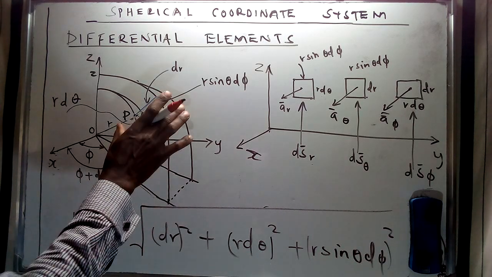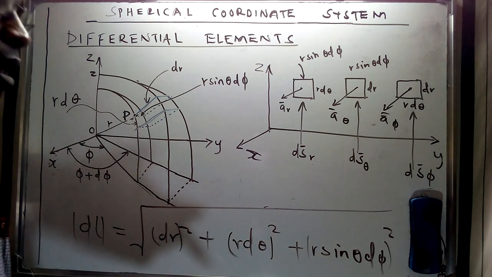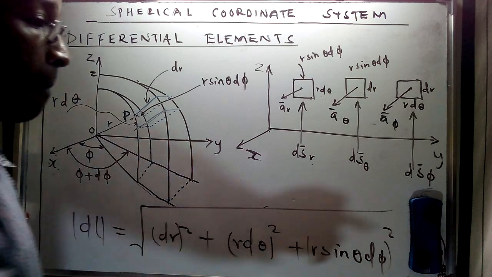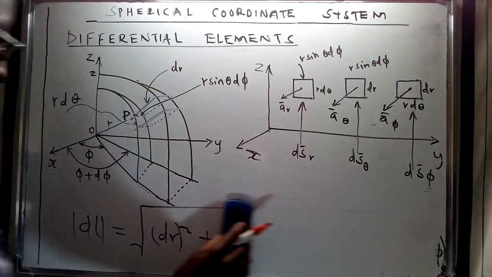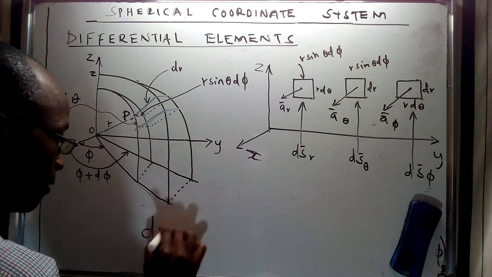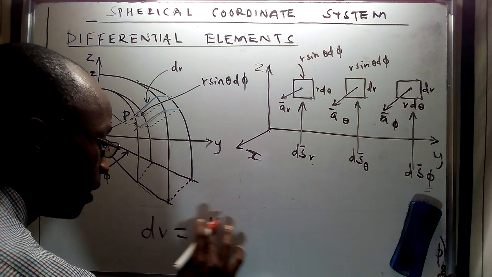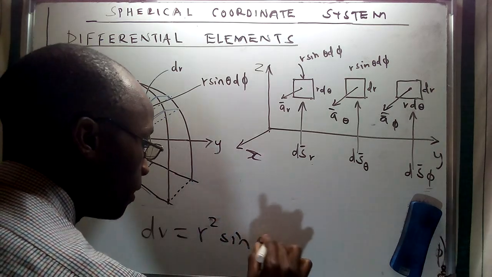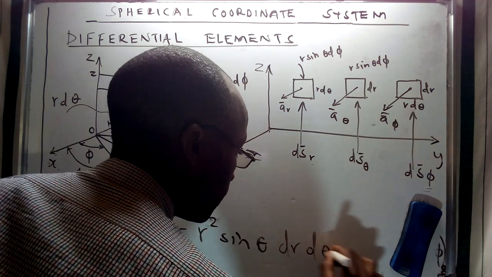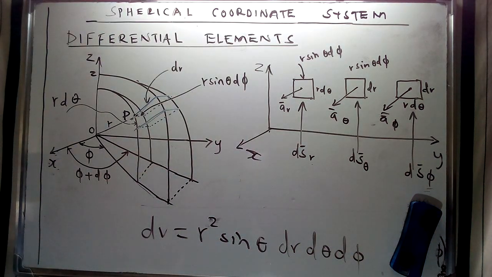And from this we can also see that there's a differential volume that we want to form. From the rectangular coordinate system, we said that we are going to form what we refer to as a parallelepiped. But for this one, it's going to form a differential volume that can be illustrated using this dv, which is given as the square of r, sine theta, and then the elements dr, d theta, d phi, given as such respectively.